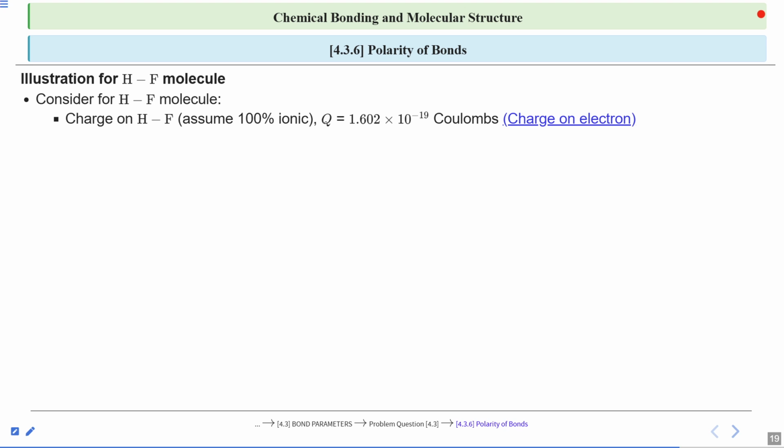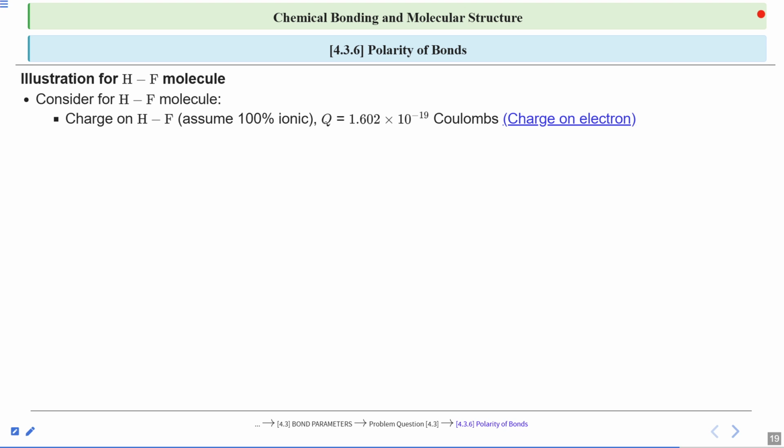Means you will assume that your hydrogen and fluorine are carrying a unit charge, or you can say you will assume that your compound is 100% ionic because it happens in an ionic compound that there is a complete transfer of electron. So HF may be ionic, so this is just imagination to calculate the theoretical dipole moment.